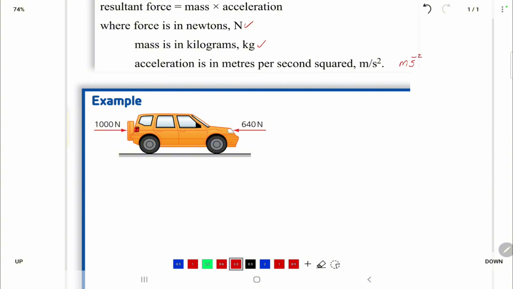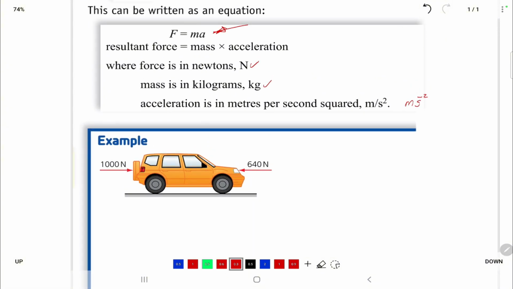So now here the question is, how can I calculate the acceleration of this car? By Newton's second law, F equals m multiplied by a, and F is the resultant force. Resultant force, you can see, this is 1000 to the right, and this is 640 to the left.